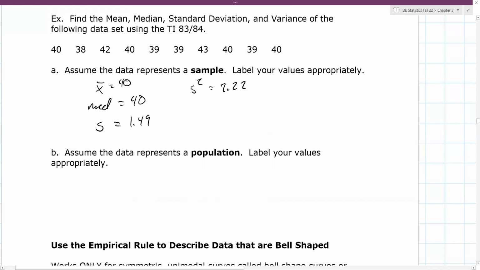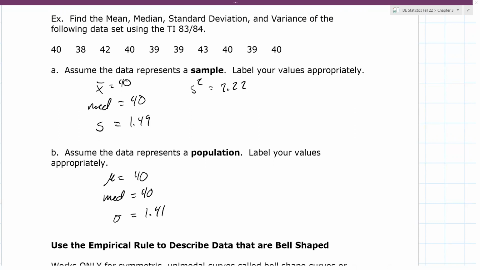Now it asks for the same information, but for a population instead of a sample. So instead of X bar, we now have mu, but mu is still 40. Our median is still our median. Now the difference is going to come when we talk about standard deviation. We are now dealing with sigma, and our standard deviation is now 1.41. So we go back here and we see the difference between S sample and sigma population.